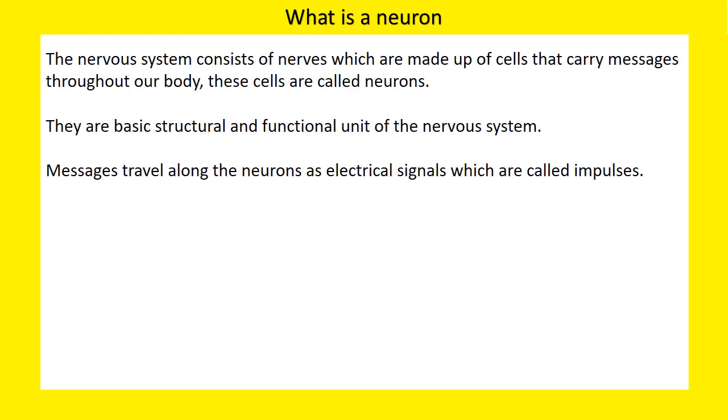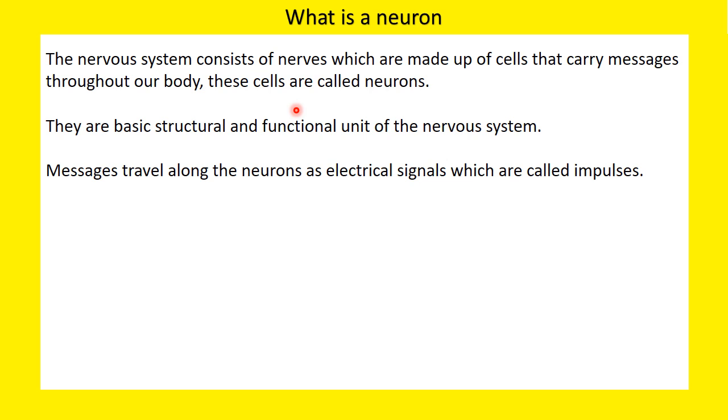Now I will tell you what a neuron is. A neuron, or a nerve. The nervous system consists of nerves which are made up of cells that carry messages throughout our body. These cells are called neurons.